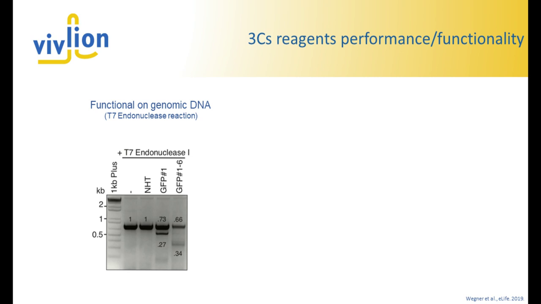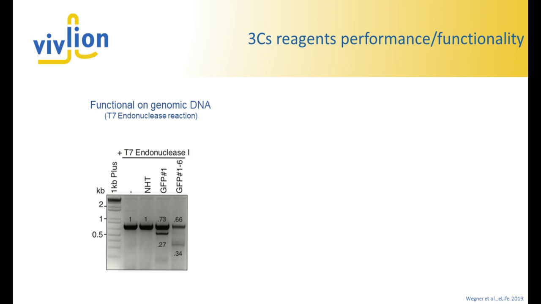There was, as you can see, no editing. However, when we added in a single GFP targeting guide, we could identify substantial editing, and this could be further enhanced by using the pool that we generated before. We even observed multiple bands popping up, really indicating that all of these guides potentially have cut it and basically shredded the GFP locus.